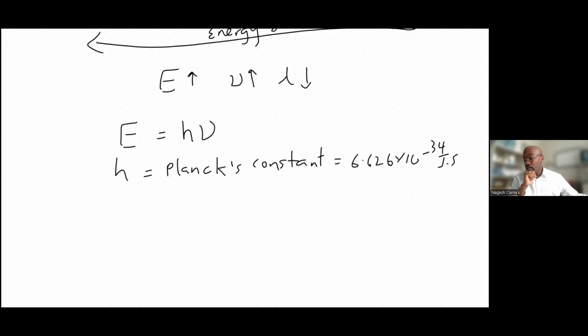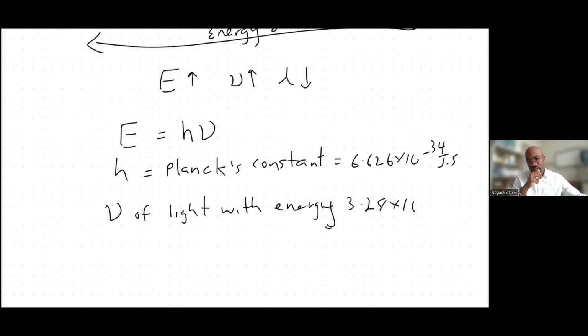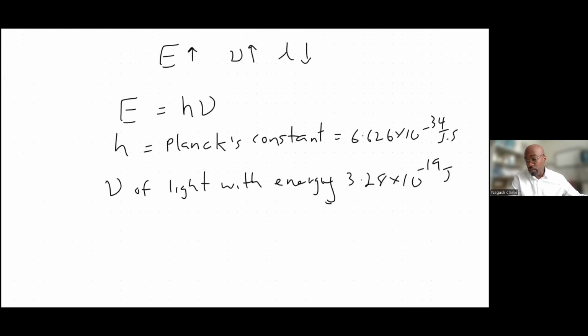Let's look at a problem we can solve here. Let's find the frequency of light with energy 3.28 times 10 to the minus 19 joules. We can also find the wavelength if we wanted to.